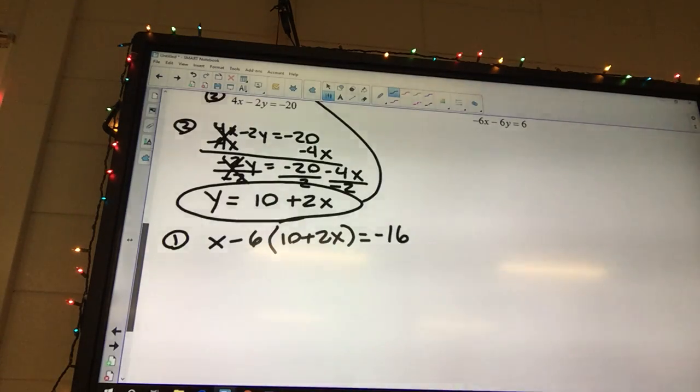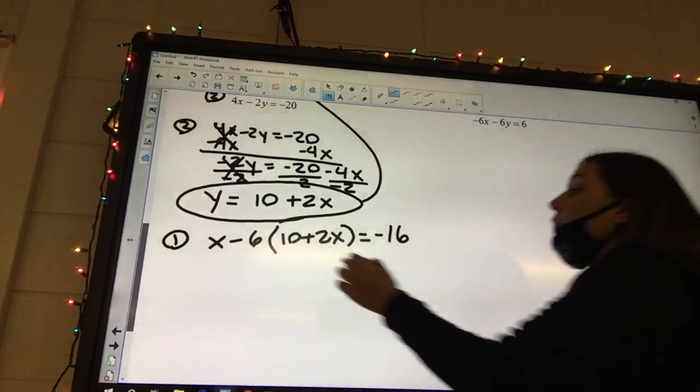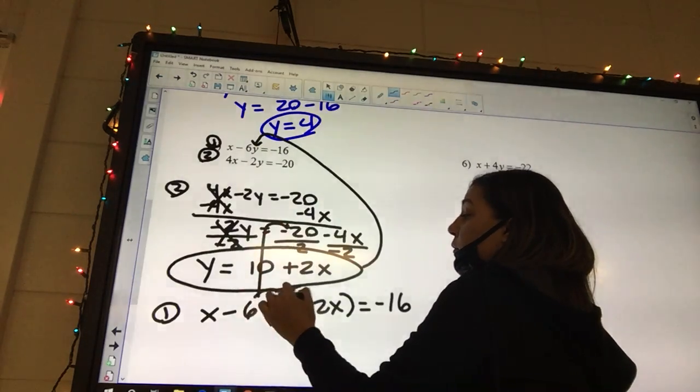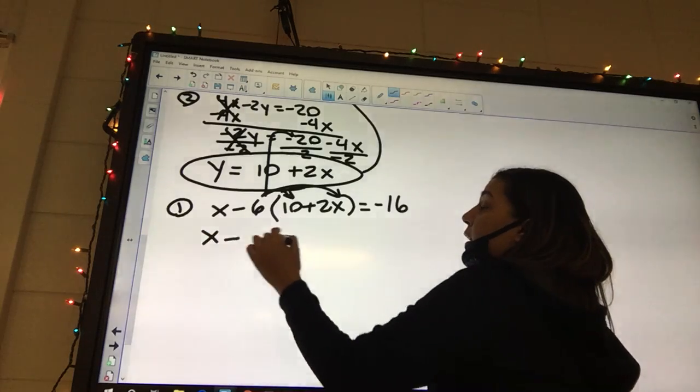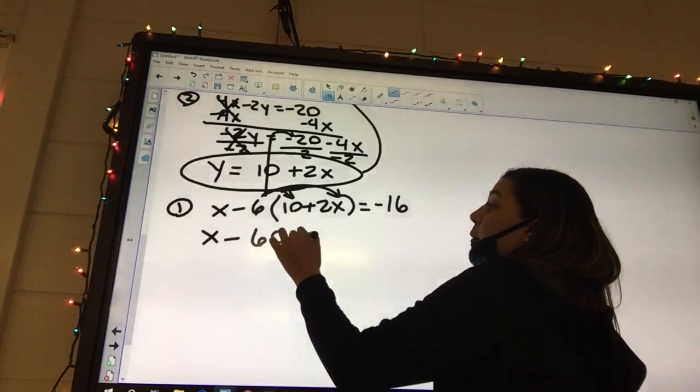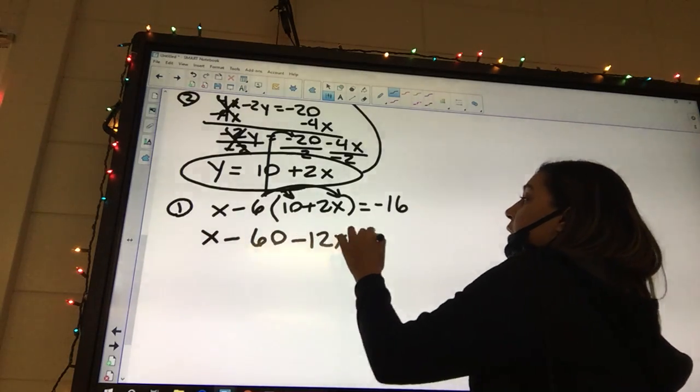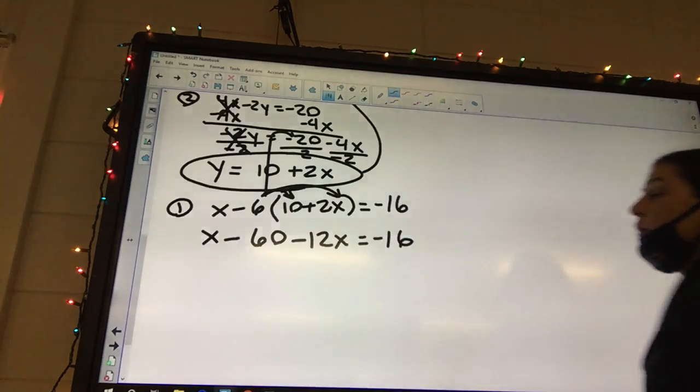Okay, what's our next step going to be? We're trying to solve for x. How do we get rid of those parentheses? Distribute. So I got x minus 60 minus 12x equals negative 16.